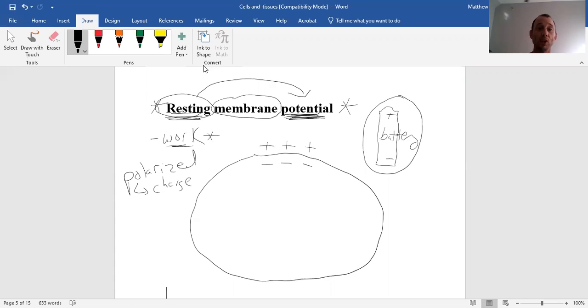Your resting membrane potential, the actual charge, can vary a little bit depending on the cell we're talking about, and you'll see that again as you go on to A&P. But for us, as a general rule, I tend to use your membrane is somewhere around negative 70 millivolts, meaning the inside part of the membrane is negative compared to the outside.